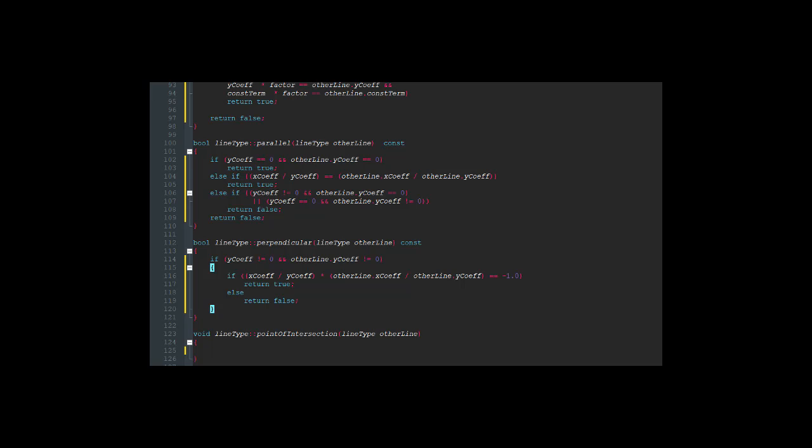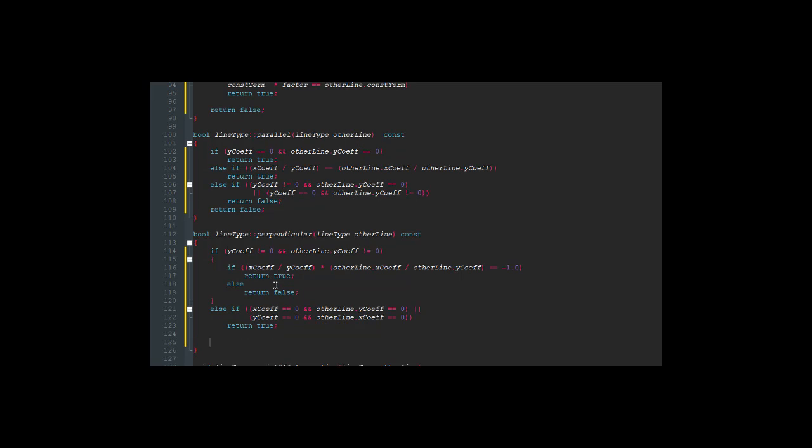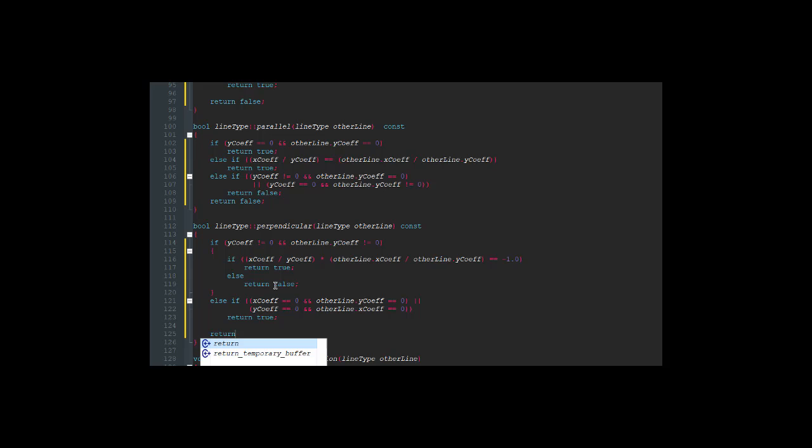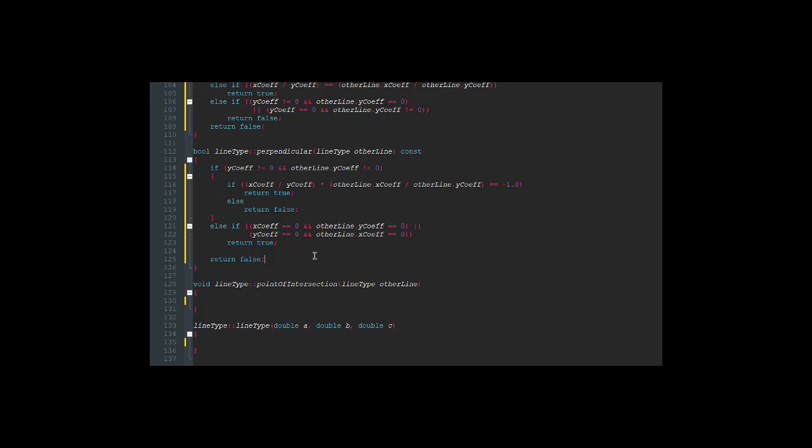So then we'll have something like this. And if none of that returns true, then we can return false at the bottom of this function.